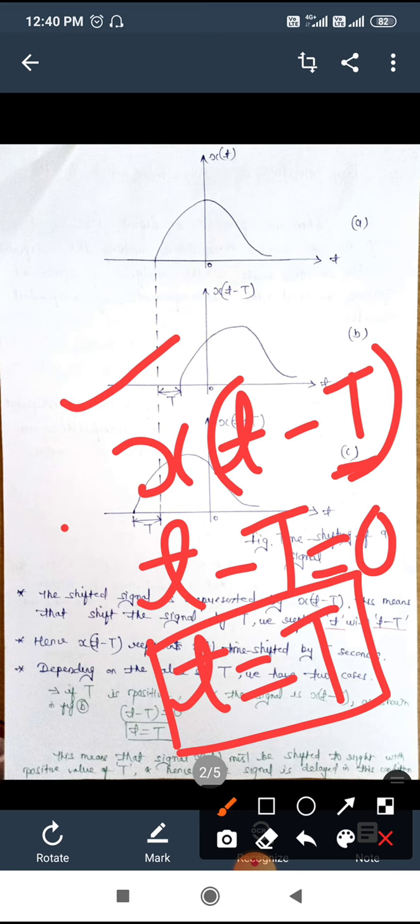That means for making the signal x(t minus T), whatever the signal's existence in the time domain, we have to shift that signal by the value capital T, positive. That means it must be shifted toward the positive side, that means the right side.